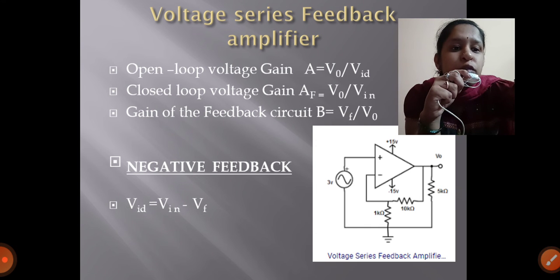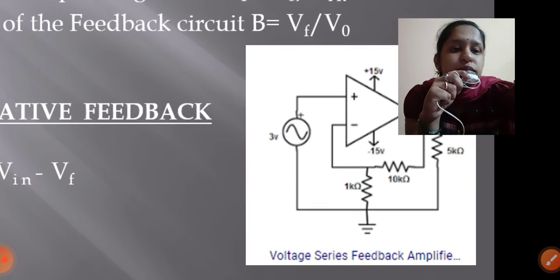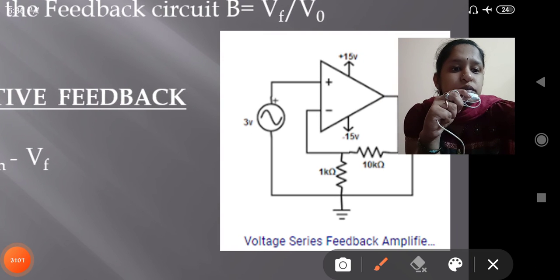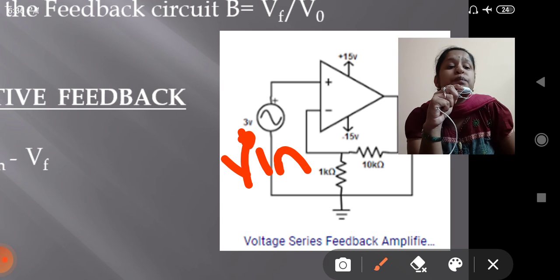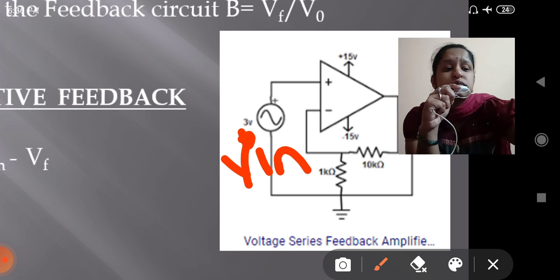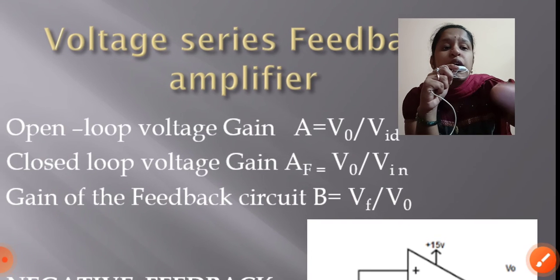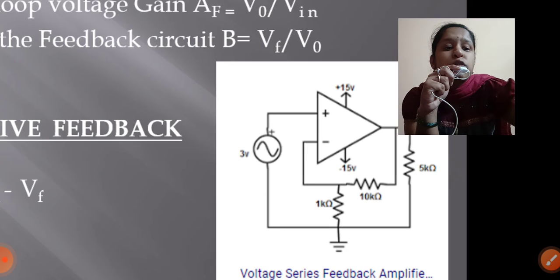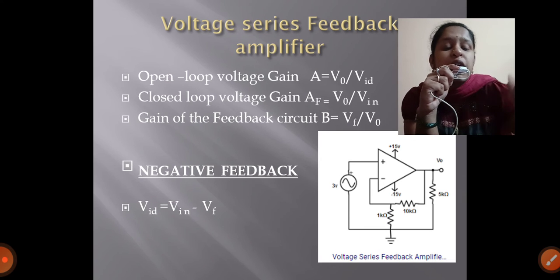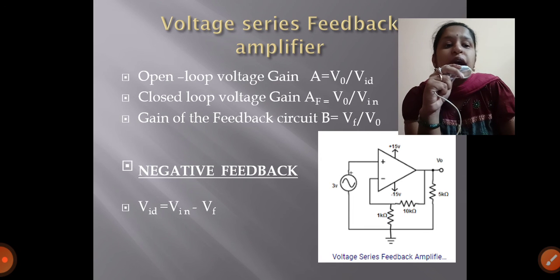This is a 3 volt V in, whatever they have given. V naught by VID means the difference between these two voltages across this junction, right?